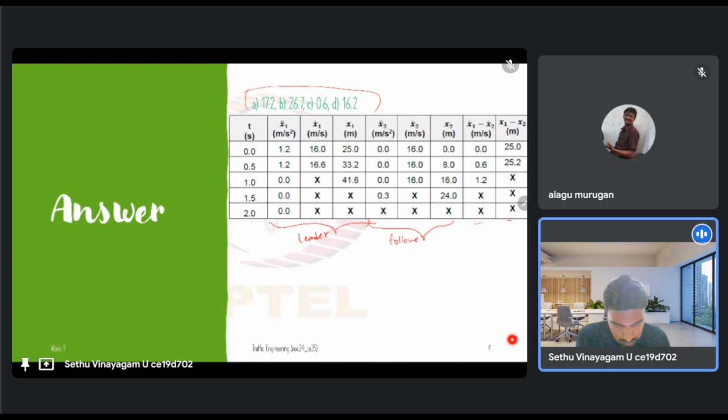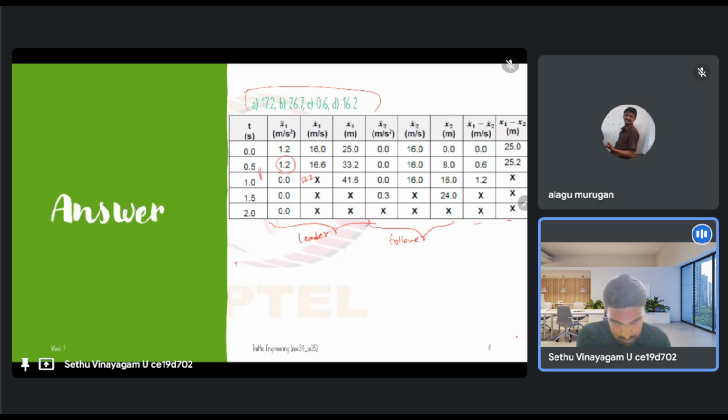The velocity of the leader is going to depend on the acceleration at the previous time step, as I said earlier. Here he's accelerating at a rate of 1.2 for half a second, from 0.5 to 1, which means the change is going to be 0.6 meters per second. So it's going to add up, and 17.2 is the new velocity.